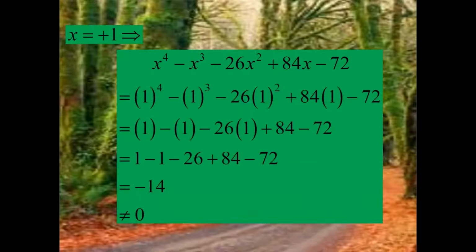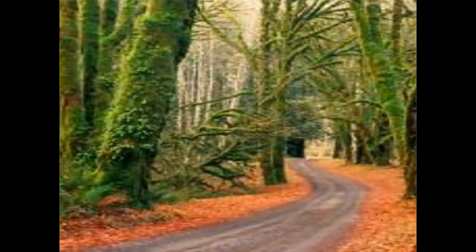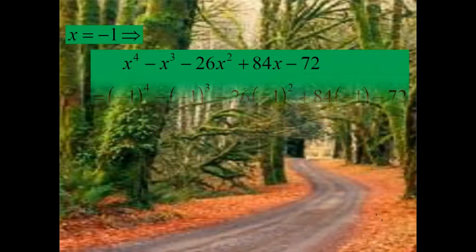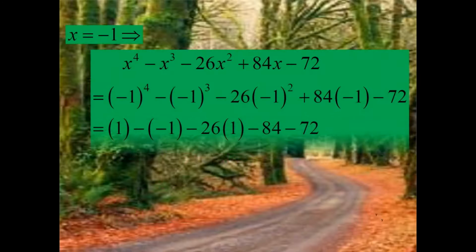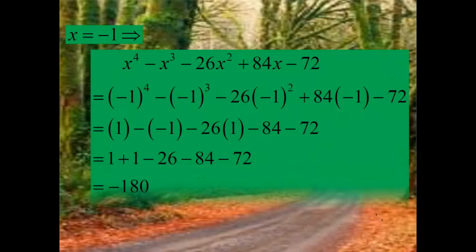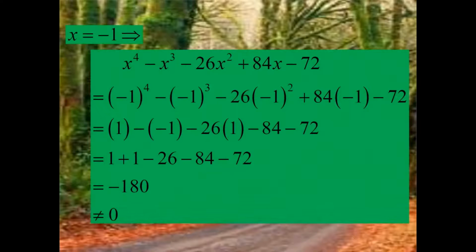That's not 0. So let's go back and substitute x equals minus 1. And a whole bunch of brackets and signs to worry about, but eventually we get minus 180. That ain't equal to 0.